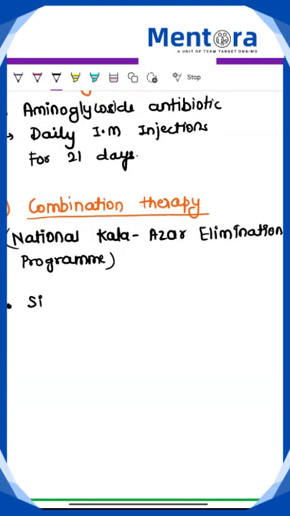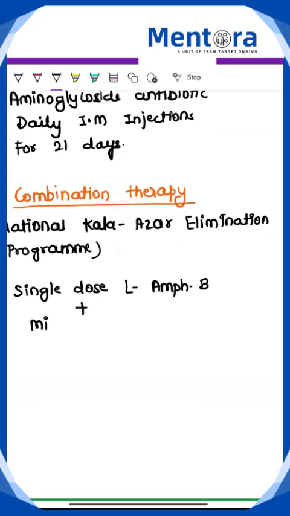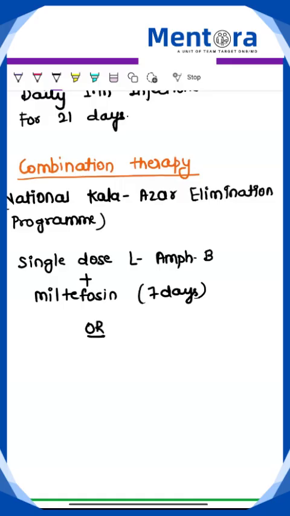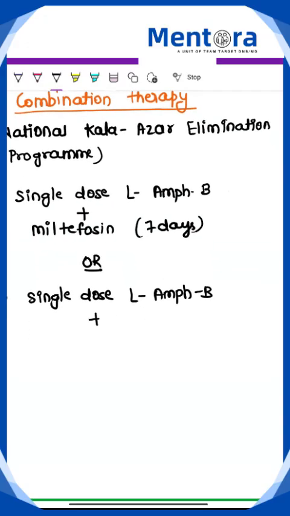It includes single dose liposomal amphotericin B plus miltefosine for 7 days, or we can give single dose liposomal amphotericin B plus paromomycin for 10 days.